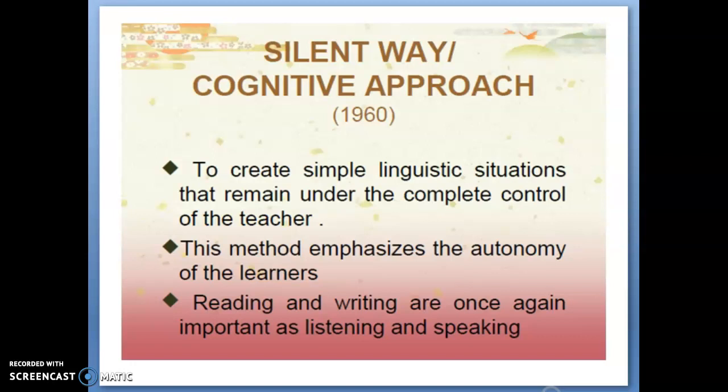Okay. This method emphasizes the autonomy of the learners. Okay. Reading and writing are once again as important as listening and speaking. It means that in silent way, the teacher uses the silent way in order to teach reading and writing language skills.